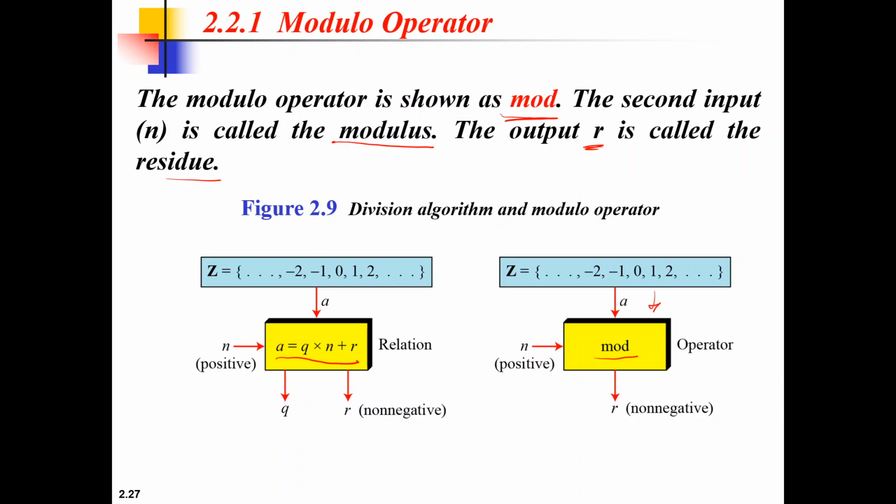You have an input A, and you try to find this relation Q into N plus R that comes under mod. Most of the time, or always, N will be positive, and the answer you expect should also be a non-negative number. This relation gives you two values, Q and R. Out of that, R is the value we are interested in, and we make sure it is always positive.